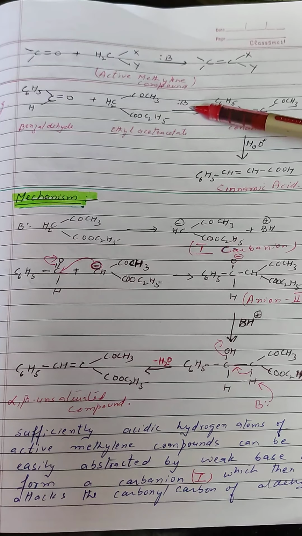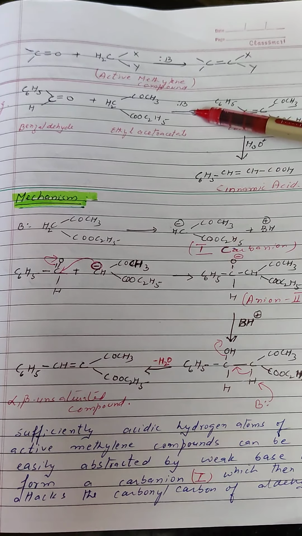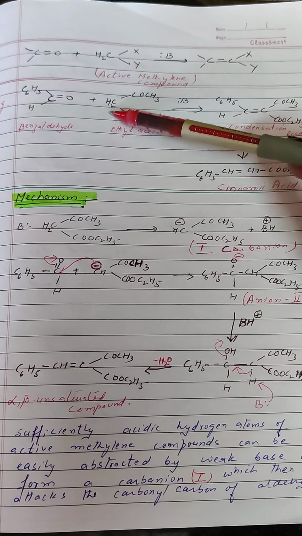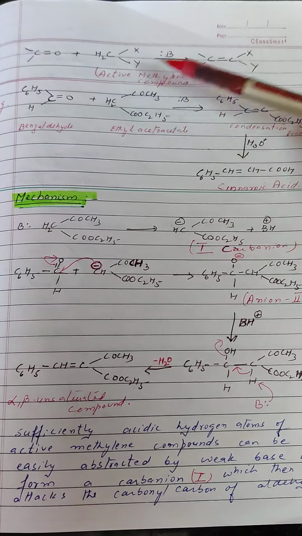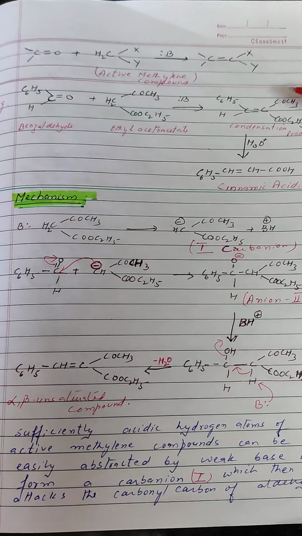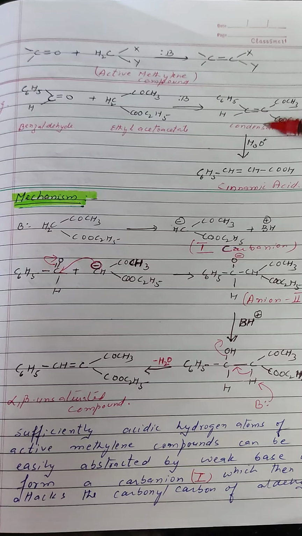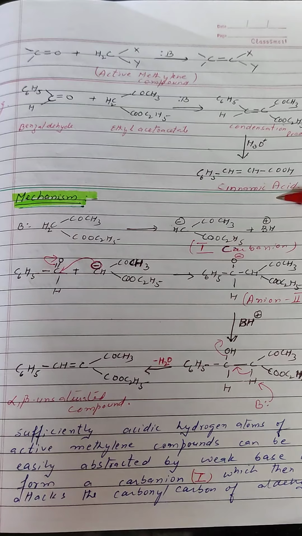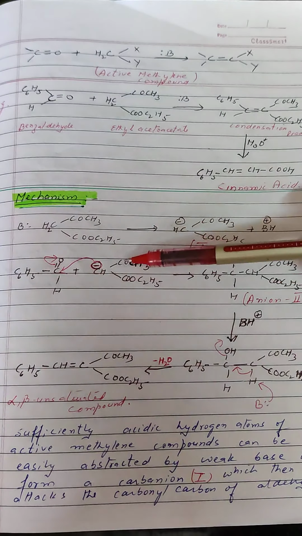We can also use piperidine as a weak base because this base is sufficient to withdraw a hydrogen from the active methylene compound. It will result in the formation of condensation product, which on hydrolysis results in the formation of cinnamic acid. Now let us discuss the mechanism.